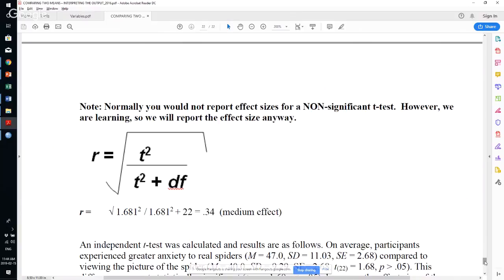Another couple things I want to point out is this data is exactly the same, except one was set up as repeated measures and one was set up as 2 groups. We found significance in dependent, in paired, and repeated measures. We did not find significance in independent, but it's the same data. Why? Because the repeated measures design has less unsystematic error.